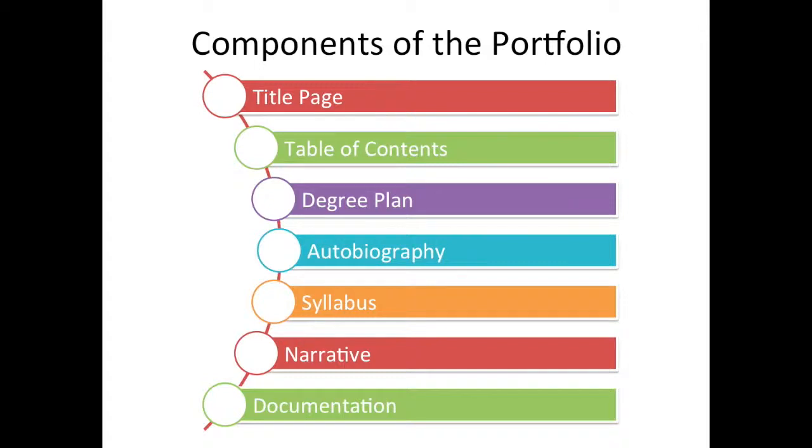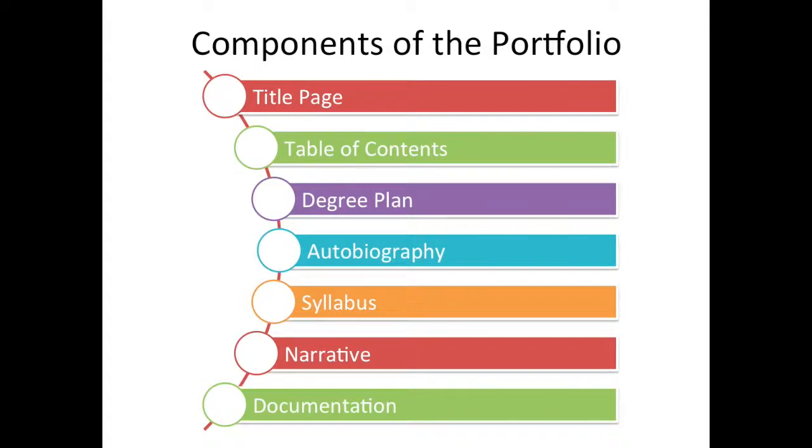You also must have a signed degree plan. And this is something that you work on with your advisor. Many of you probably already have a signed degree plan, but if not, you probably need to do one as soon as possible. That means getting a meeting with your advisor or emailing your advisor and completing a degree plan.